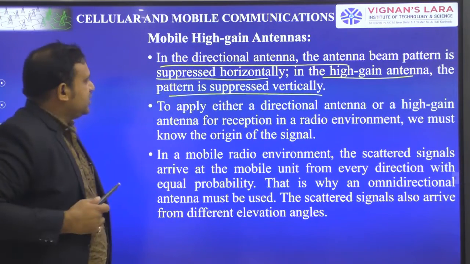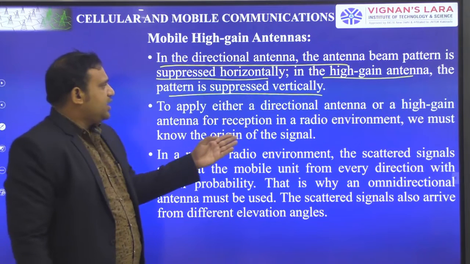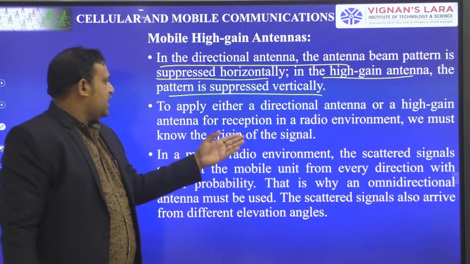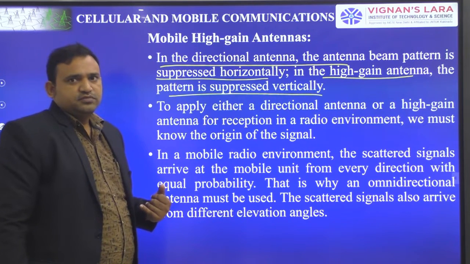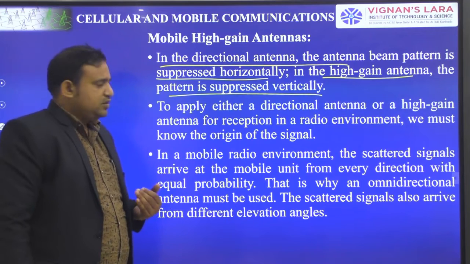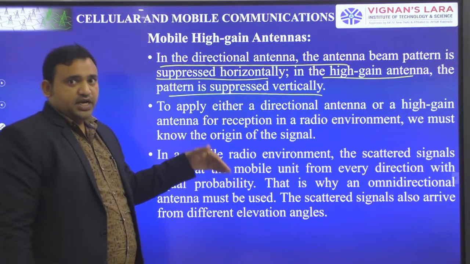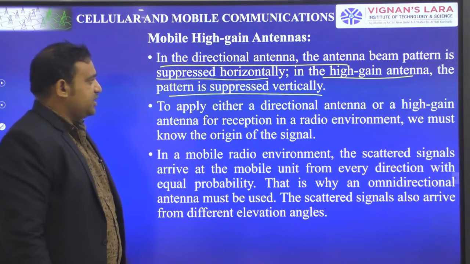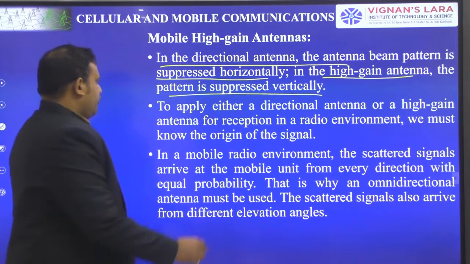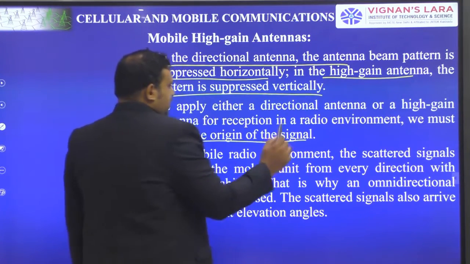This is the difference. Not only that, before applying either a directional antenna or a high gain antenna for reception in a radio environment, we must know the origin of the signal.